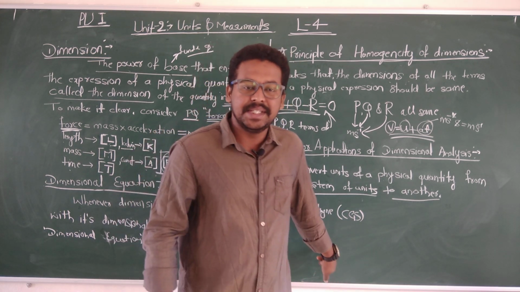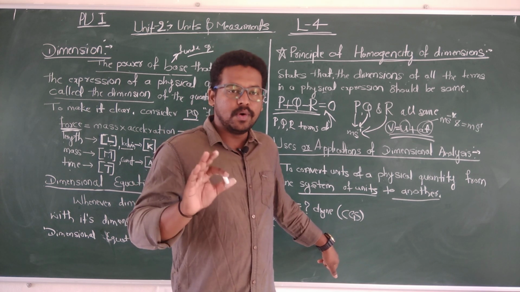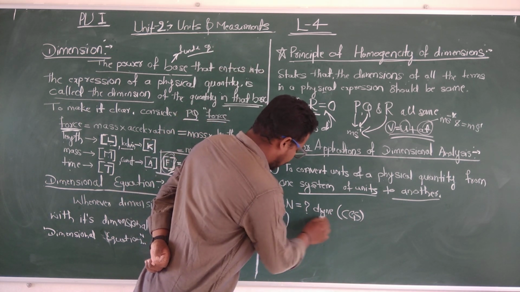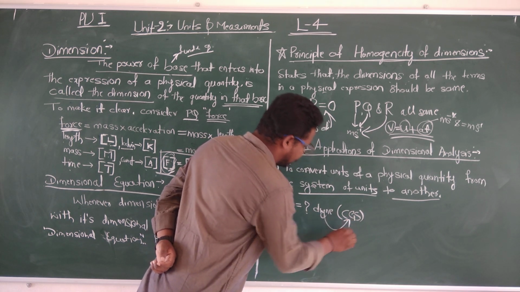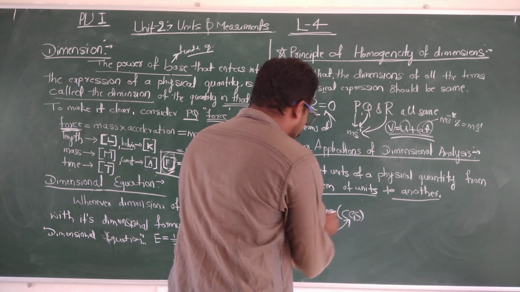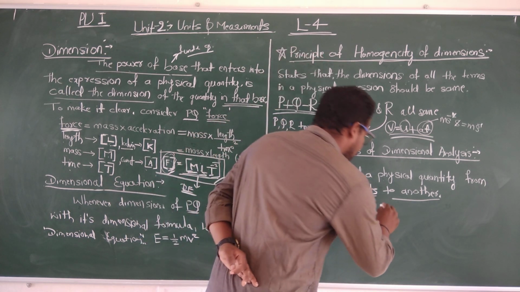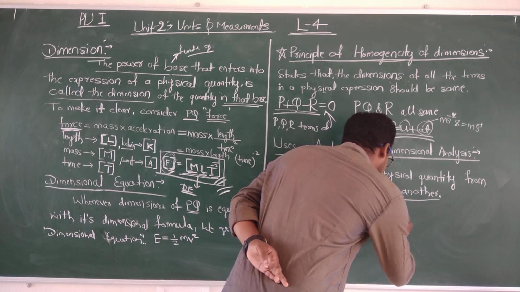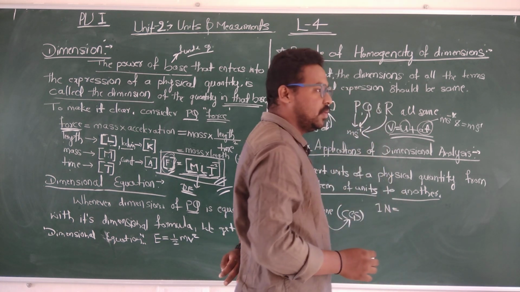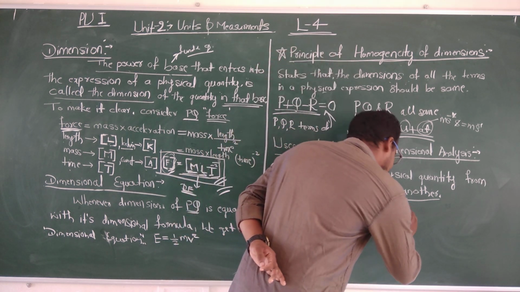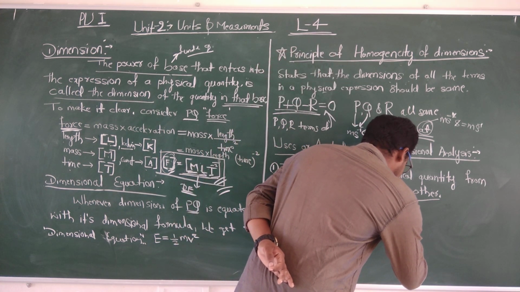Dyne is the CGS unit of force, and Newton is the SI unit. Dyne is the unit of force in the CGS system. Let's see how to convert this. So 1 Newton is nothing but, what is the dimensional formula of force? That is nothing but mass into acceleration.